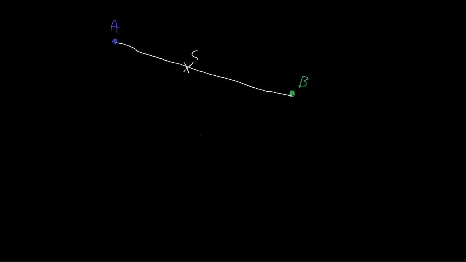We have A and B, and we have some unknown point here that we're going to call C. And we want to know what is the value at point C. Something that we know is the value and location of A and the value and location of B. Let's actually write that down.